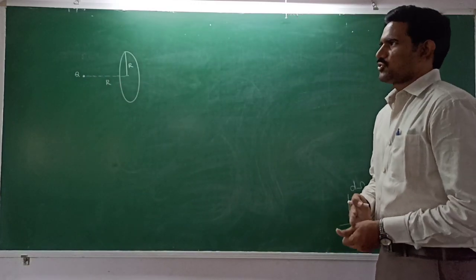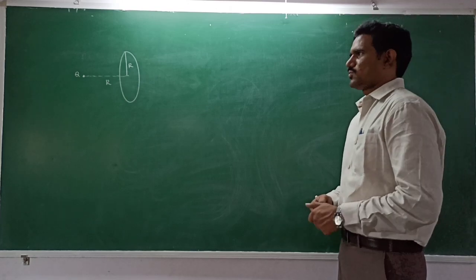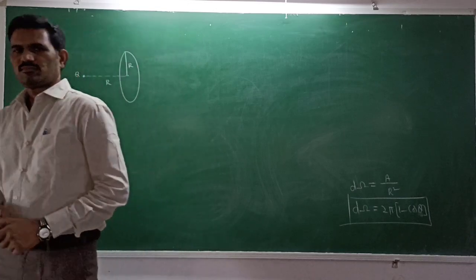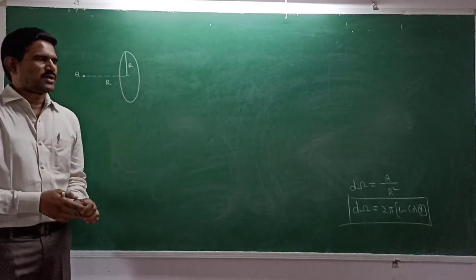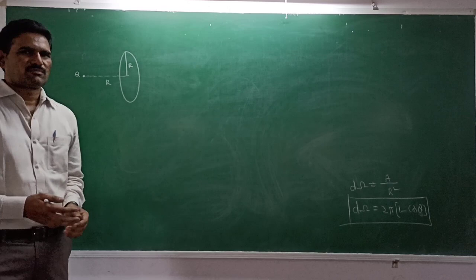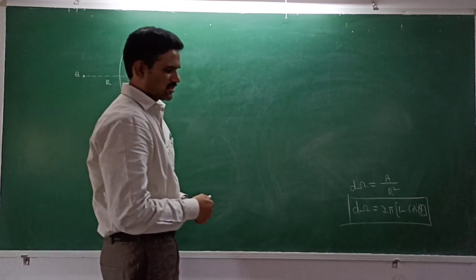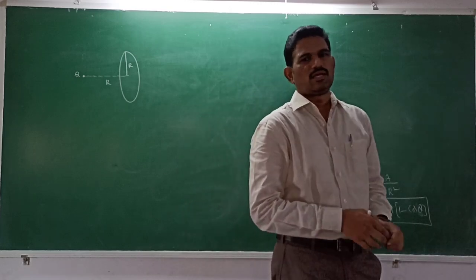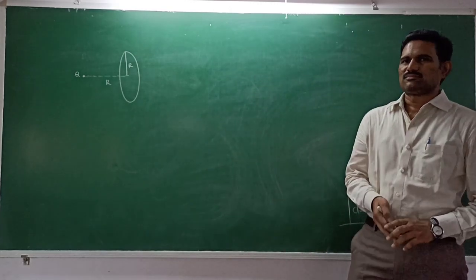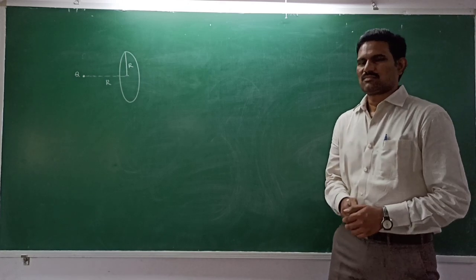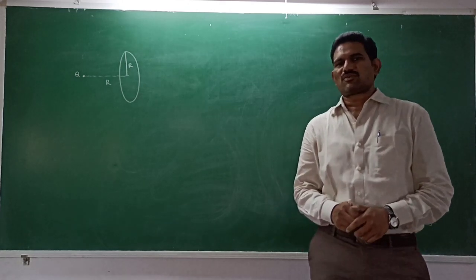A point charge q is placed on the axis of a circular disk of radius r, at a distance r from its center, as shown.